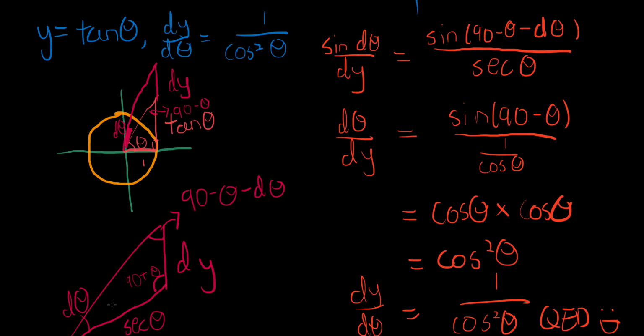The most important relationship here is between d theta and dy. That's exactly what we're looking for. We're trying to find a proportionality, how the very tiny changes would affect each other. And using the convenient values provided to us by the unit circle, we can go ahead and fill in the rest of the angles and get what we want.